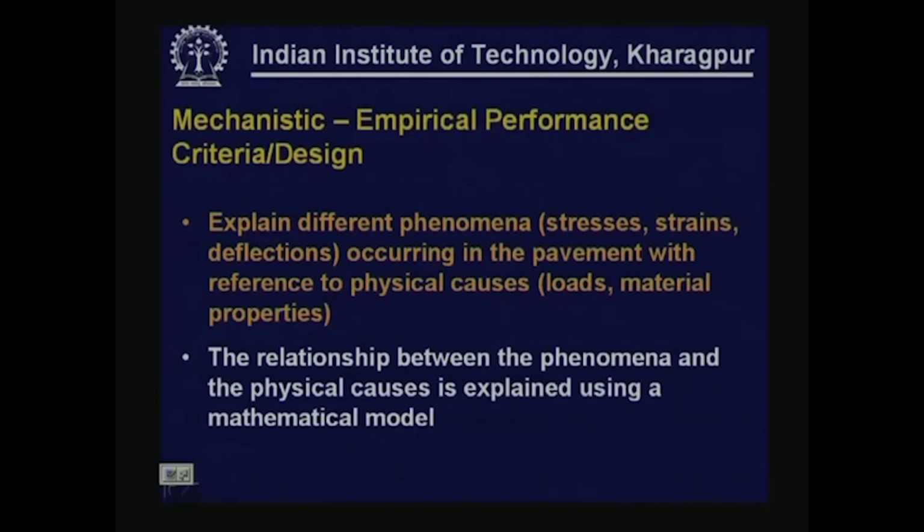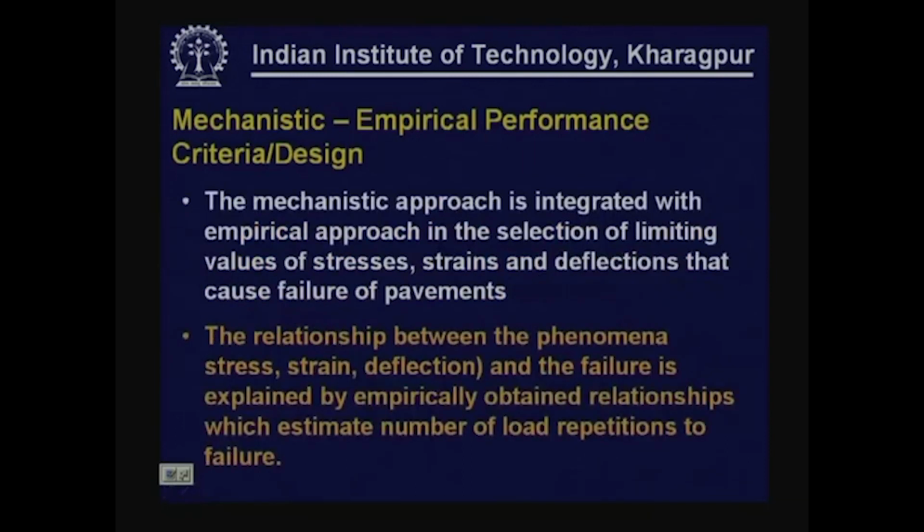So, the relationship between the phenomena, stresses, strains and deflections, and the physical causes, loads and material properties, is explained using a mathematical or theoretical model. Normally, the mechanistic approach is integrated with the empirical approach, because the empirical approach is nothing but observing performance that we try to correlate with some design parameters.